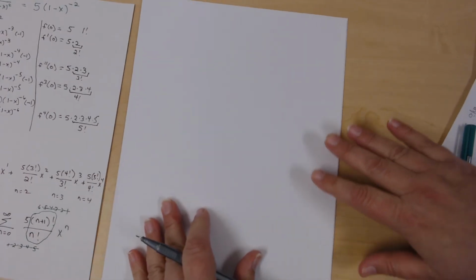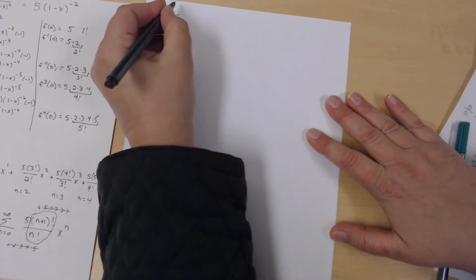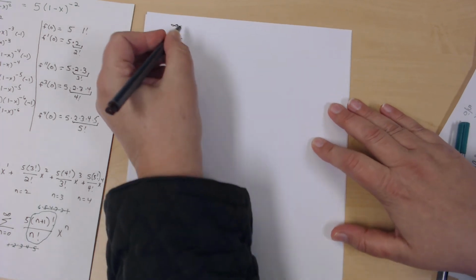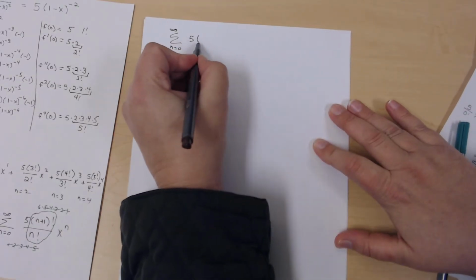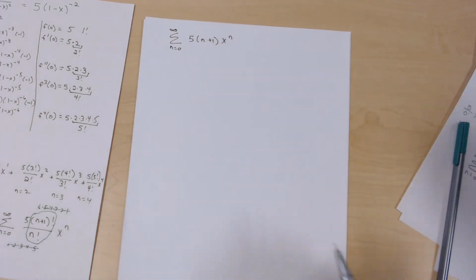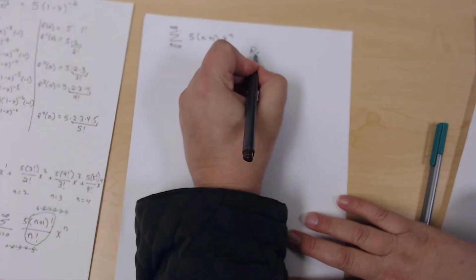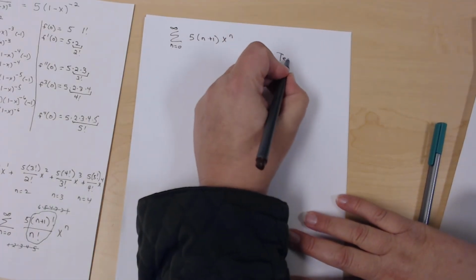All right, so let me rewrite this. What did we have here? We're finding the radius of convergence. So I'm just copying this down: n plus 1 times x to the n. Okay. So now we've got to do the ratio test.